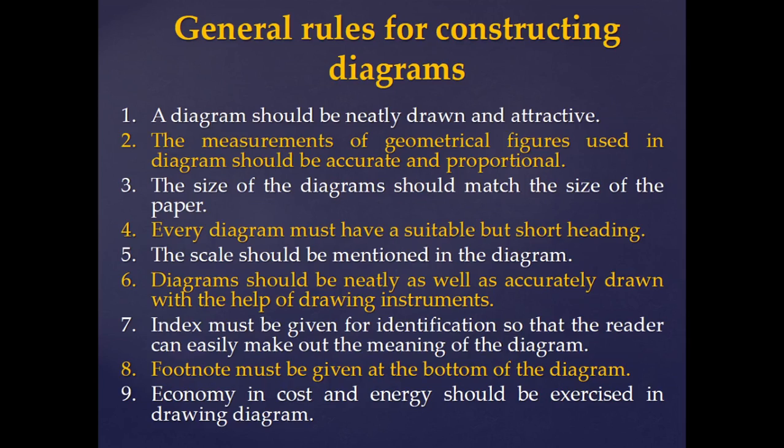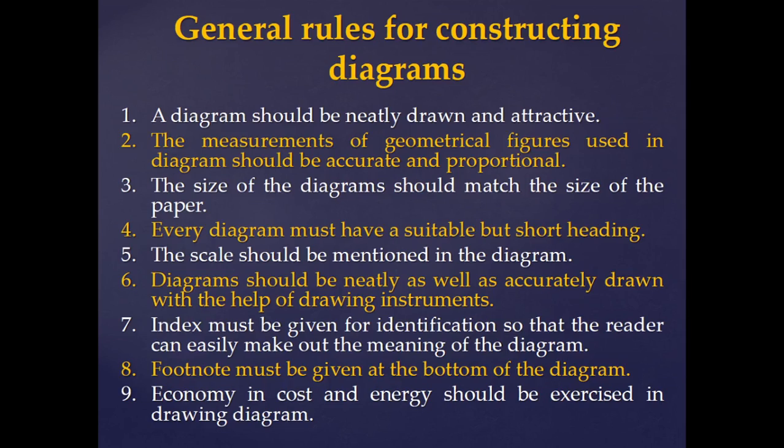General rules for constructing diagrams. It should be neatly drawn and attractive. The measurements of geometrical figures used in diagrams should be accurate and proportional. The size of the diagram should match the size of the paper. Every diagram must have a suitable but short heading.